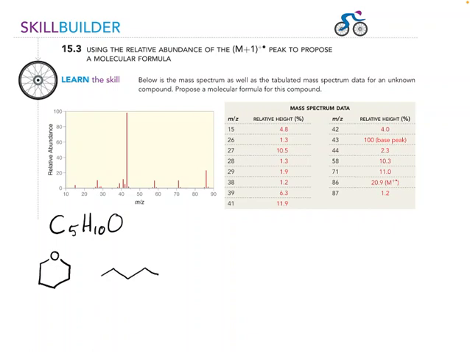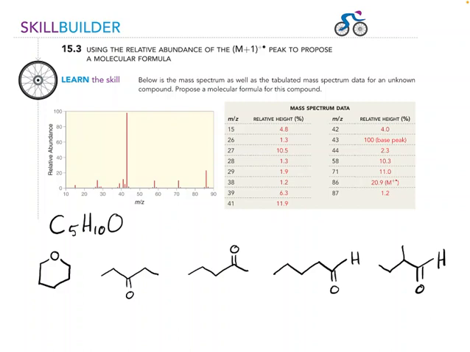We could have a ketone. That one's symmetrical, but we could have an asymmetrical ketone. Let's see, we might have an aldehyde. We might have a branched aldehyde. So maybe we have a methyl group coming off of one of the carbons.